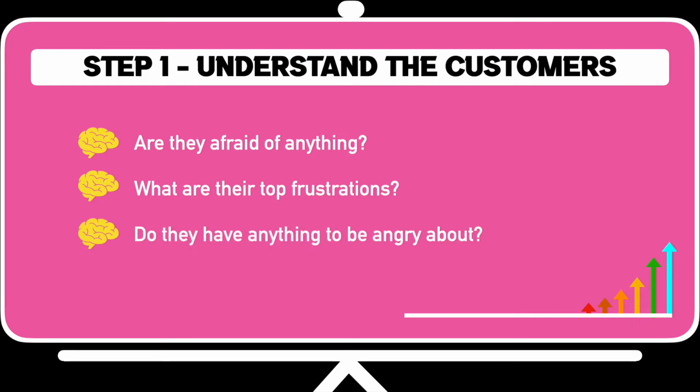Then what is it that people are angry about? Maybe the fact that the government is not doing a very good job about containing the COVID problem. Or what do customers desire the most? Everybody wants larger profits, everybody wants to save time, everybody wants to have a bigger house or a car. So once you understand the psyche of the customer, it is easier to pitch your product.